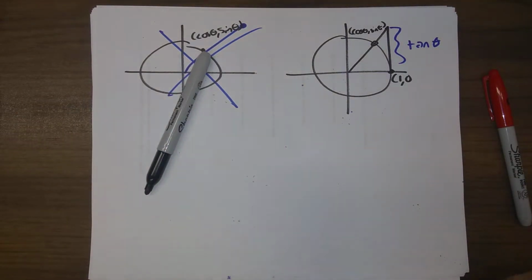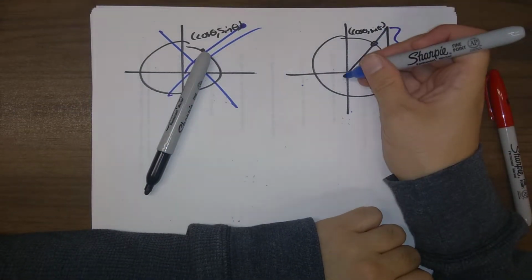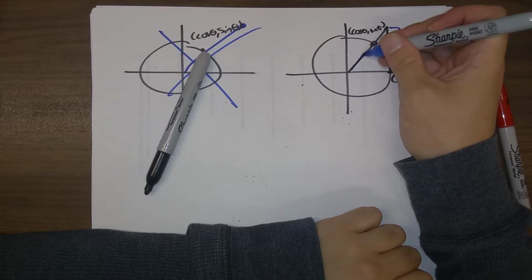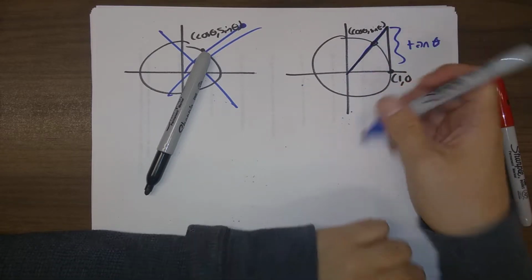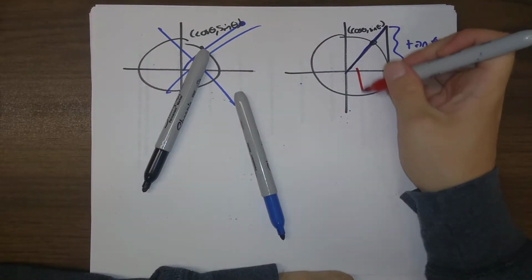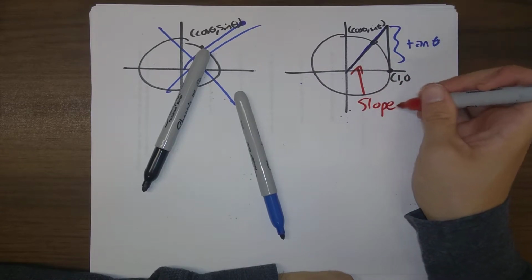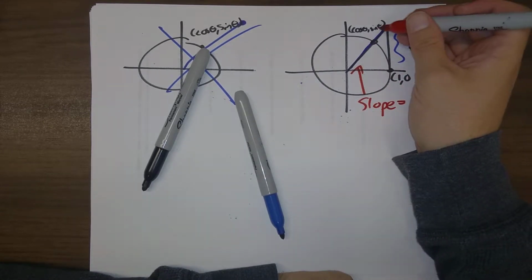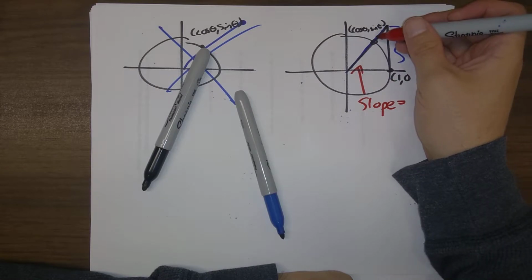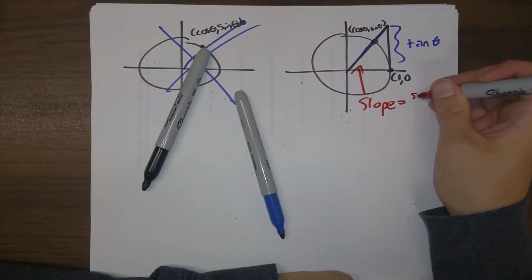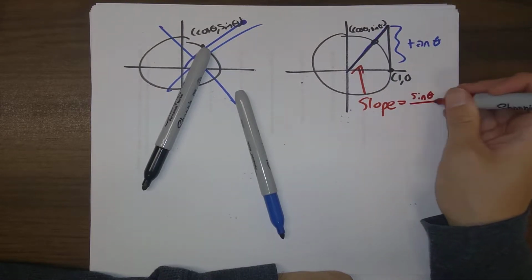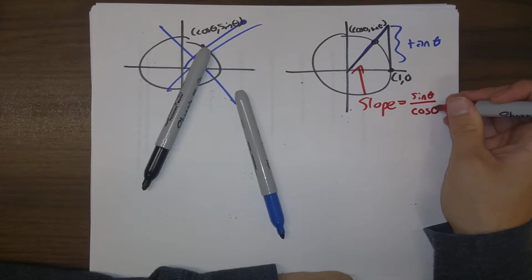How can we argue that? Well, note that we have this line right here has slope equal to, well, it goes through the point 0, 0, and cosine theta, sine theta. So the slope is sine theta minus 0 over cosine theta minus 0.